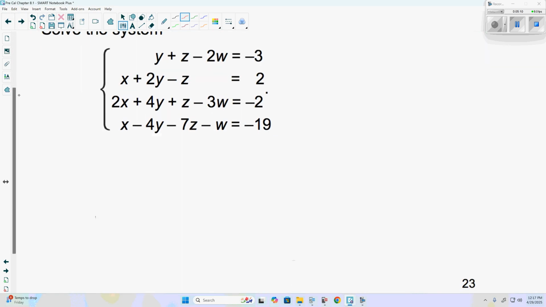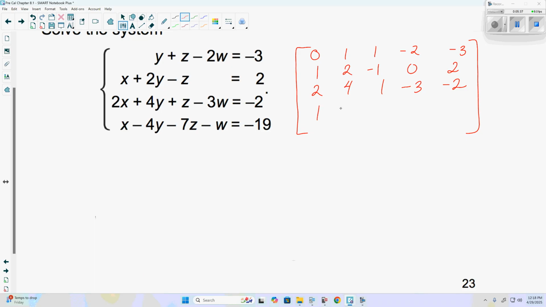But when we solve these systems, what we're doing first is rewriting it as an augmented matrix. Now the first one, we have 0 for x, 1 for y, 1 for z, -2 for w, and then -3. The second one, we'd have 1, 2, -1, 0, 2. And then 2, 4, 1, -3, -2, 1, -4, -7, -1, -19.